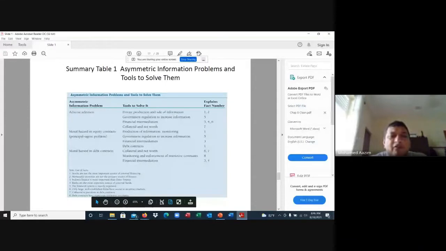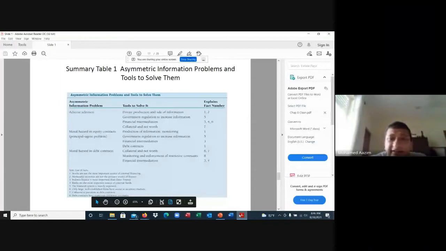Private production and sale of information, regulation to increase information, intermediation, collateral and net worth. Collateral and net worth explains fact number 7, that is nothing but collateral is equivalent in debt contracts, right?